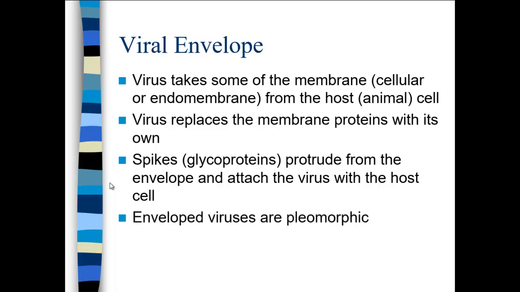Enveloped viruses are pleomorphic. That means they're shapeshifters, and so the envelope can take on different shapes depending on the application. It can move around to accommodate injection of the viral DNA into the host cell.